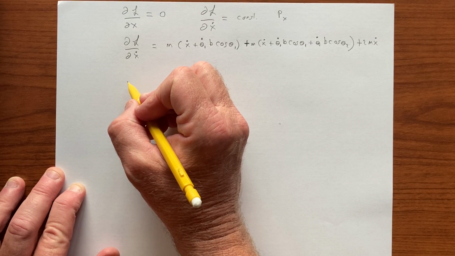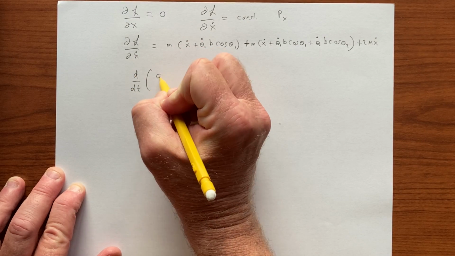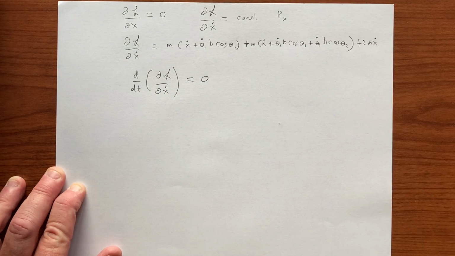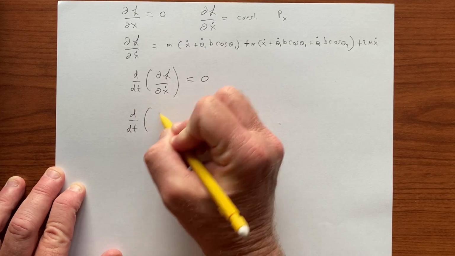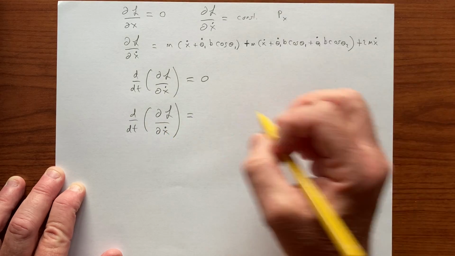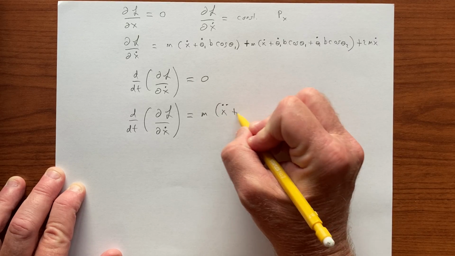Let's look at, in other words, d by dt of dL by dx dot equals 0. And what is that? That's m x double dot. Now we'll have second derivatives here.